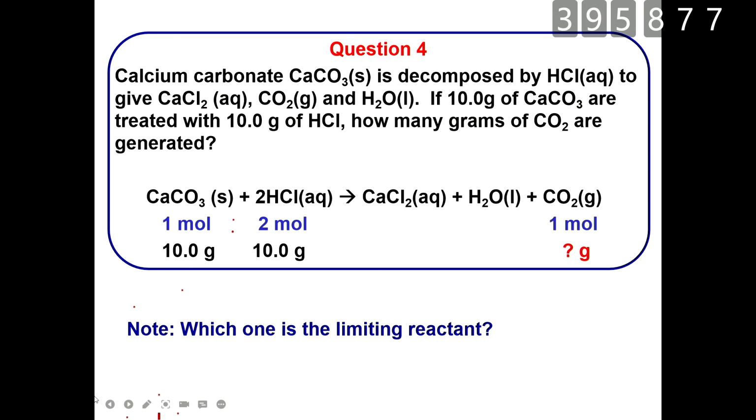The question asks for the mass of CO2, the mass of carbon dioxide. First, you determine the number of moles, so it's a process. I thought this was the question, but okay.